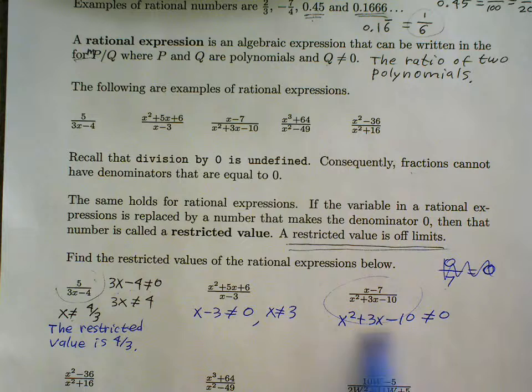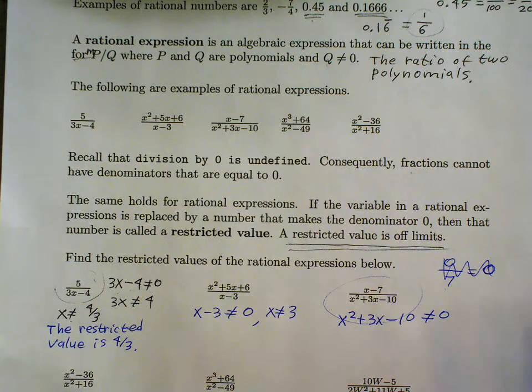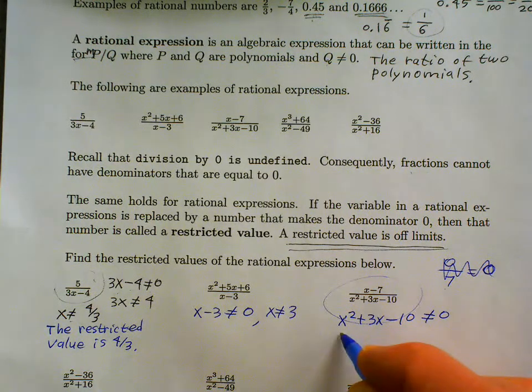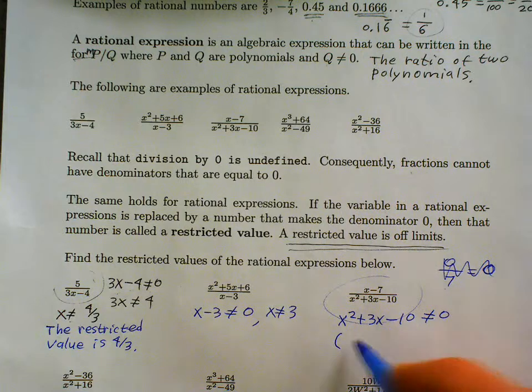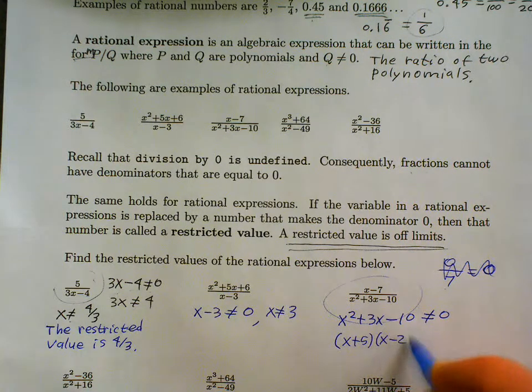We can solve this the same way that we would solve an equation, which is by factoring. We want one side to be 0 and find the factors of the left-hand side. It doesn't take too long to find that the factors of x squared plus 3x minus 10 are x plus 5 and x minus 2.